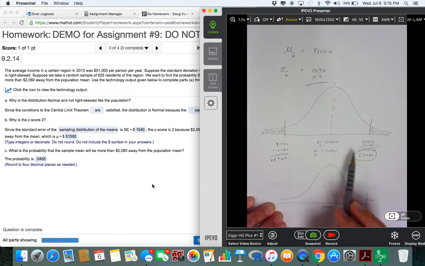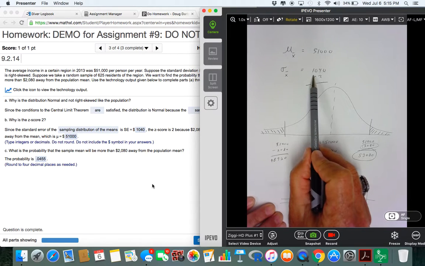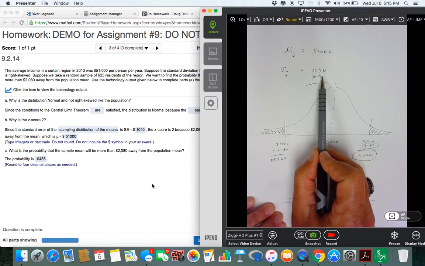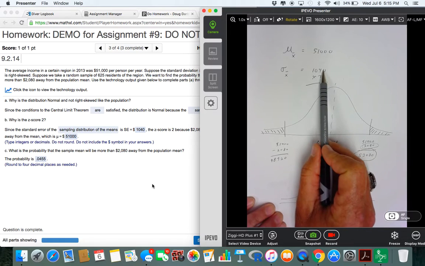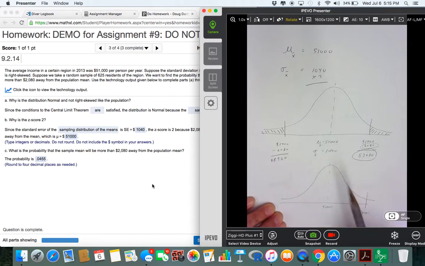Well, we couldn't use the empirical rule because this 54,000 doesn't fall nicely on 1, 2, 3, 4, 5 standard errors above the mean. It falls in between. So guys, in this situation, we would have to use technology to work that problem. So guys, that's all I got.